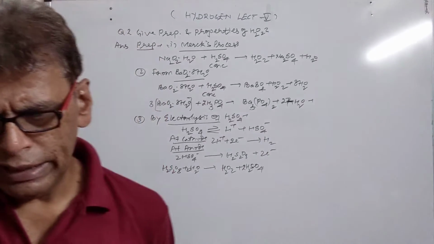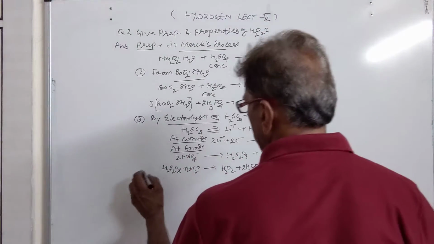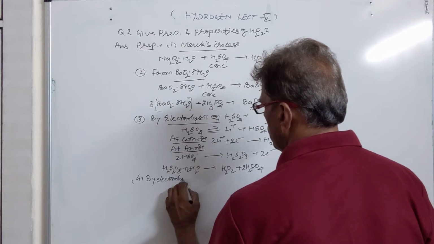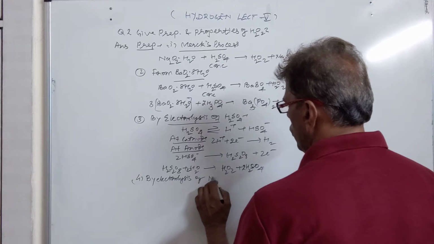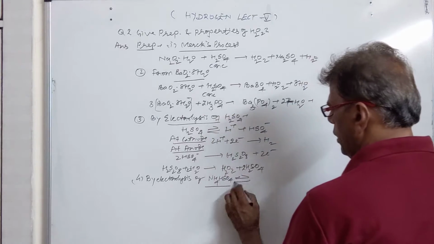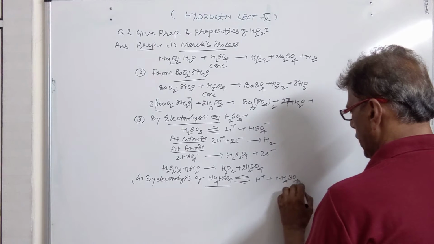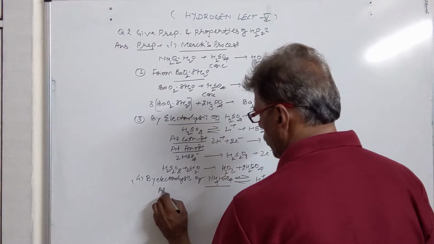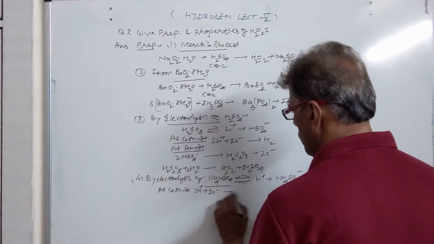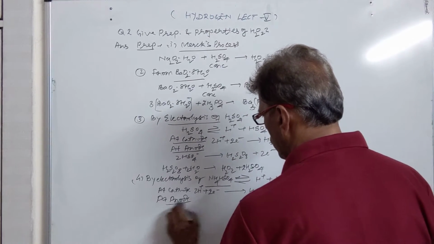So in this manner we can prepare H2O2 from sulfuric acid. Then we have the electrolysis of ammonium bisulfate, ammonium hydrogen sulfate. It first ionizes to give you H positive plus NH4SO4 negative. Then at the cathode H positive ions combine to produce H2 gas. At the anode, the anion will go to the anode.